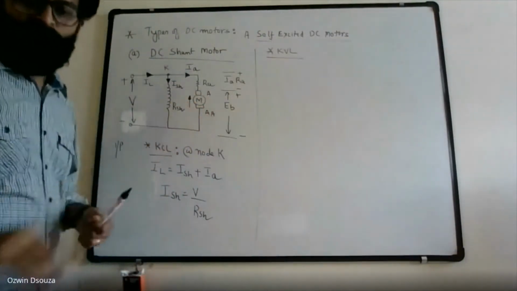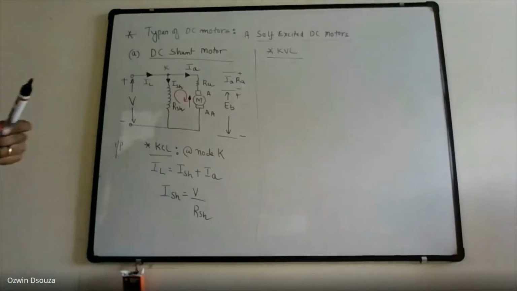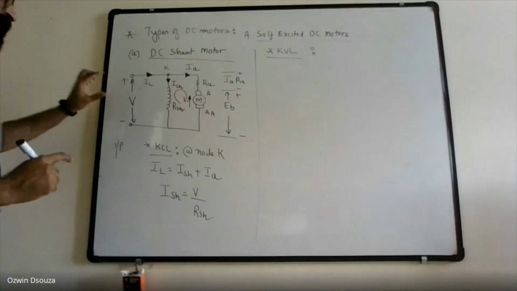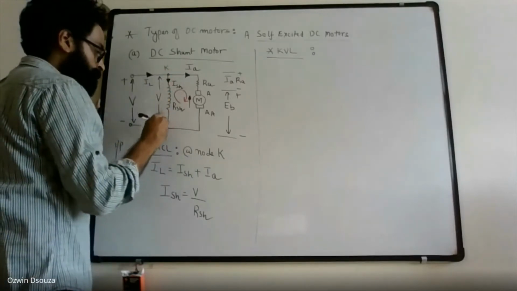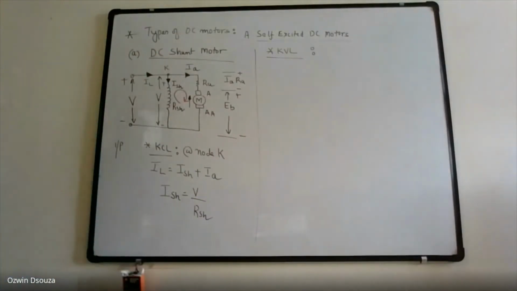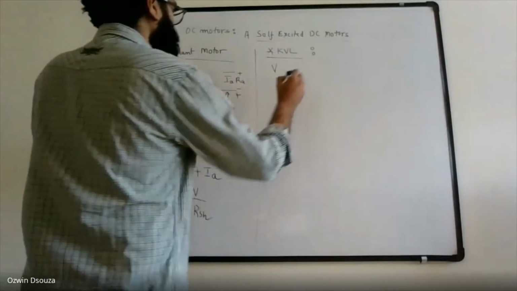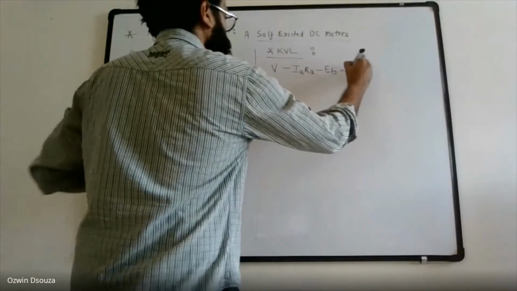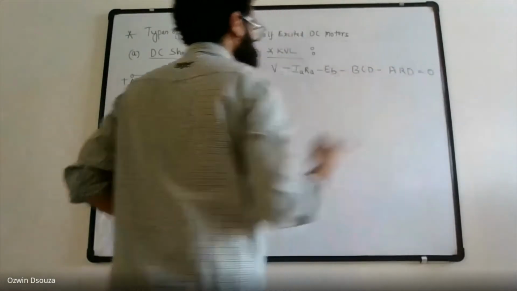KVL. Let's say I'm going to apply KVL in the second loop, in clockwise direction. When you apply KVL, you get the voltage V across the shunt field, the same voltage. This being the source, the other EMFs can be considered as drops. So V minus IaRa minus Eb minus brush contact drop minus armature reaction drop is equal to 0.